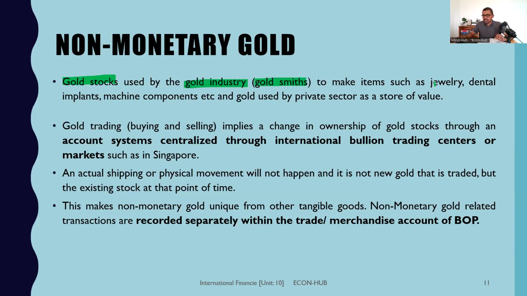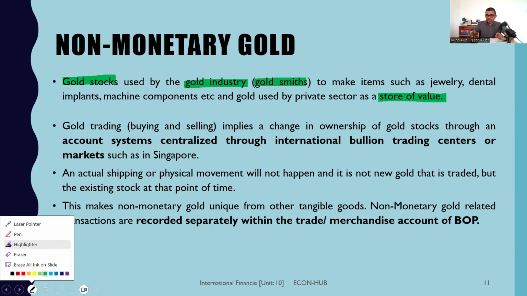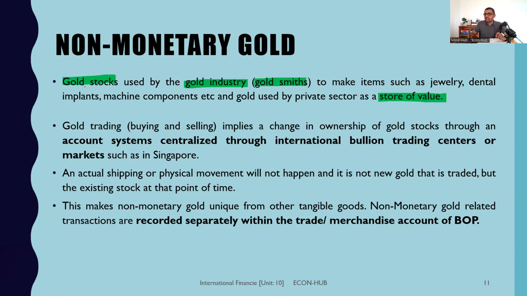And gold used by the private sector as a store of value. So the gold stock of the industrial sector and the gold stock of individuals, where you keep it as a store of value, an investment asset.